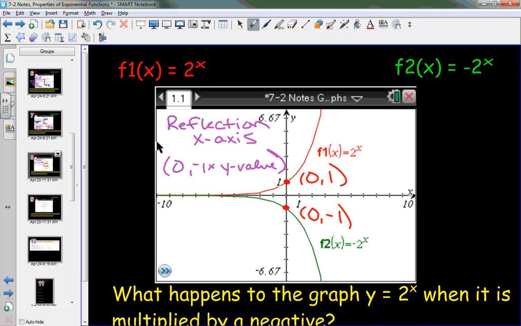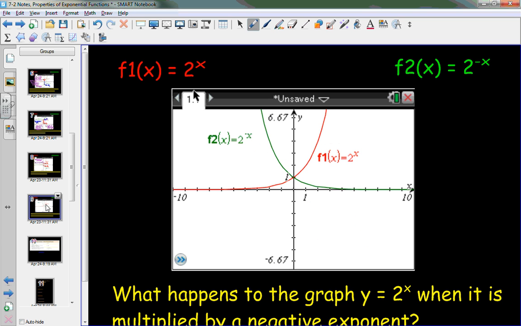Okay, so now what about this one? That's a reflection over the y-axis. Now, we have an issue looking at the y-intercept here. Why do I have an issue looking at the y-intercept? They're both the same. So what you actually have to do is do a little calculation. What's 2 squared? 4. So now I'm going to have the point 2, 4. So here's 2 and here's 4. 1, 2, 3, 4. There's my point.